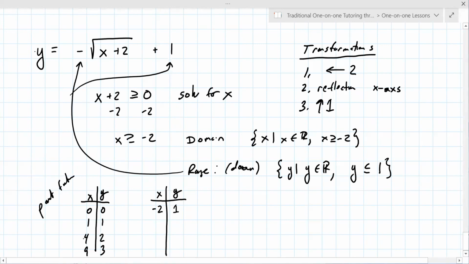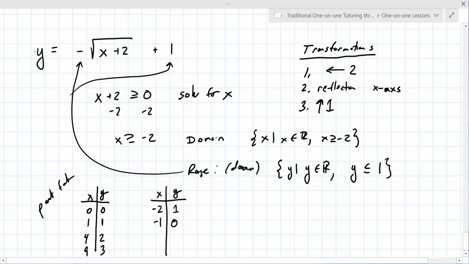Now we have to do the same thing for these next couple of points. So +1 on the x, if we're going to go left, that's -1. But then the y value, we reflect it over the x-axis, which becomes -1. And then we add 1 to it, so that becomes 0.